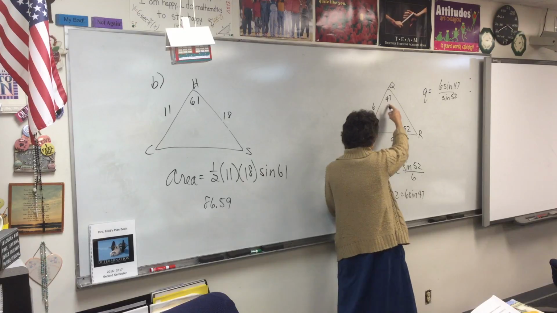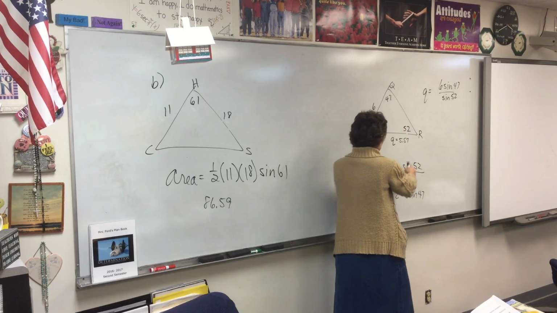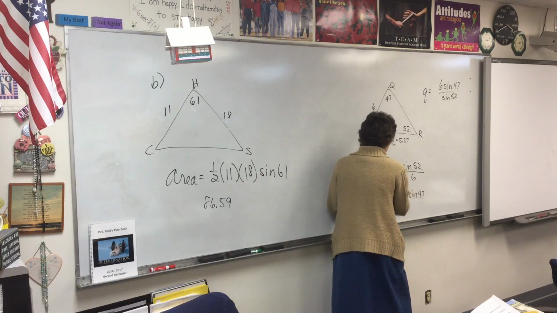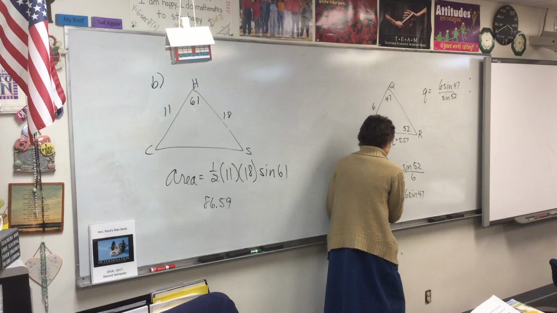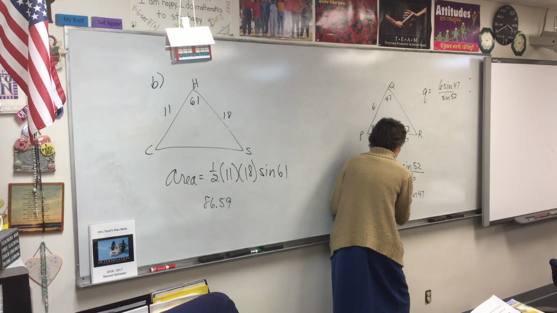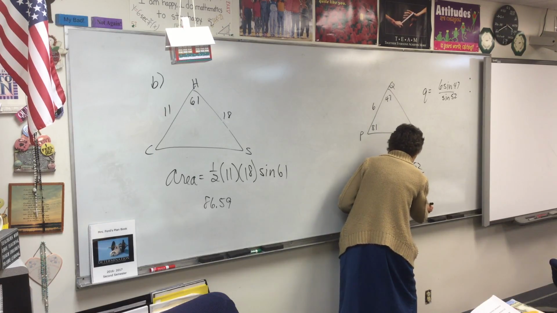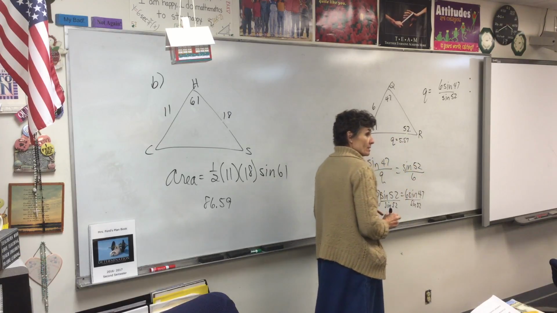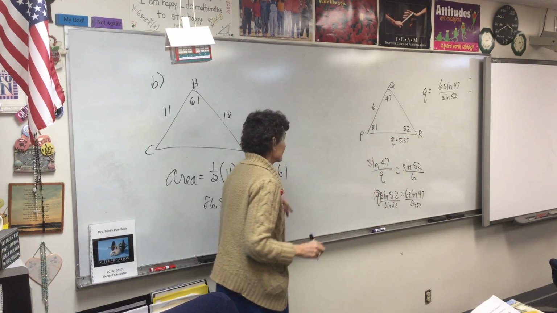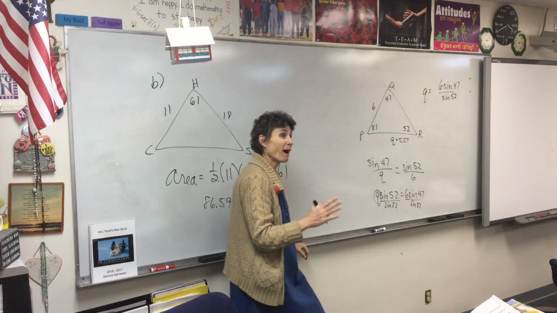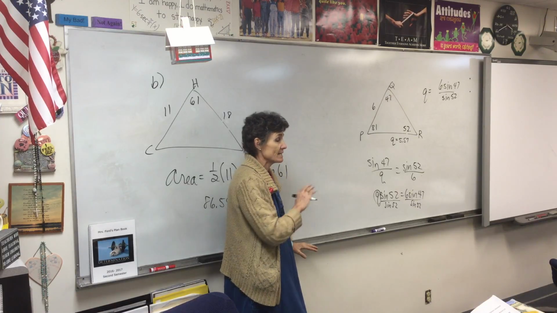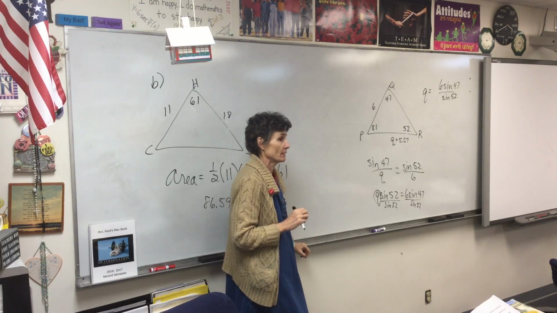It was sine 47 over Q equals sine 52 over 6. So when I cross multiplied, I got 6 sine 47 and Q sine 52. I ended up dividing by sine 52 so that I could get my Q by itself. It's just the variable is in a different spot than it was in the other equation. The idea is the same, but it's set up differently.